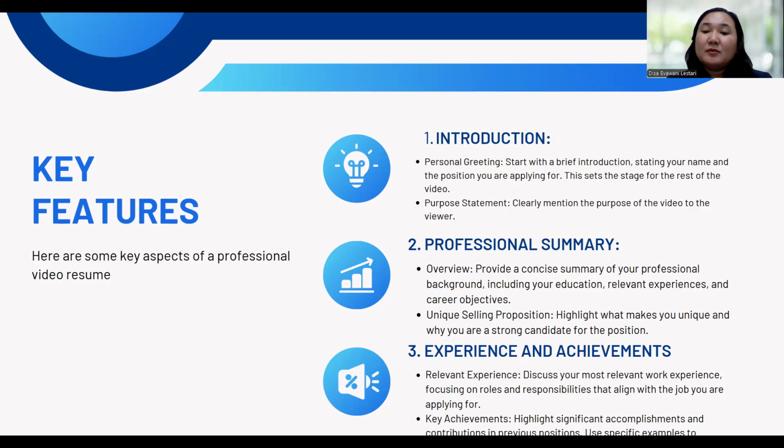And then also highlight what makes you unique and why you are a strong candidate for the position compared to the other applicants from study programs from different universities. What is your unique selling point?